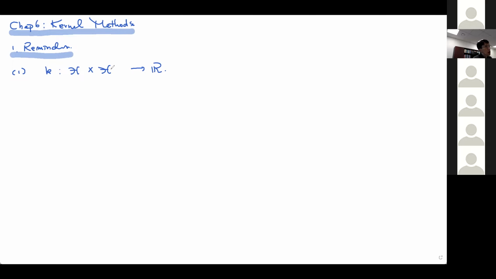And to capture that intuition more precisely, instead of thinking about just an arbitrary binary function on the input, we are thinking about functions which satisfy some specific properties, called positive definiteness, so-called PDS kernels.